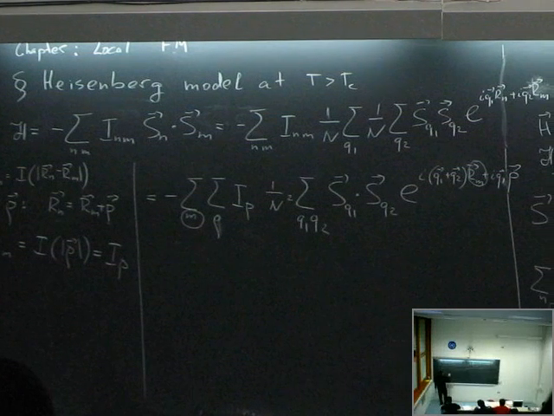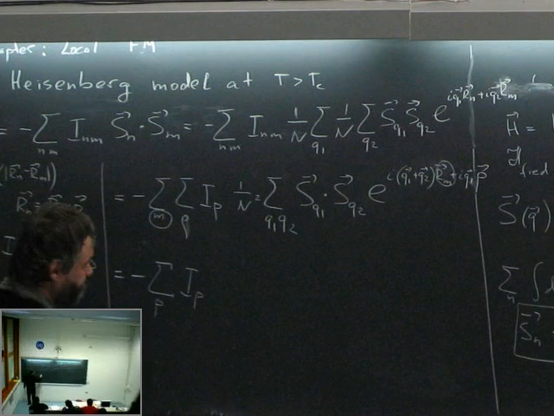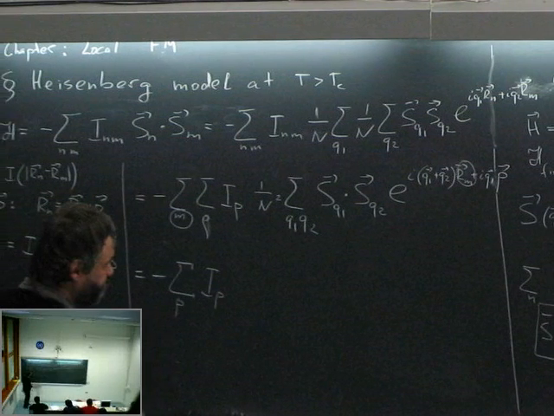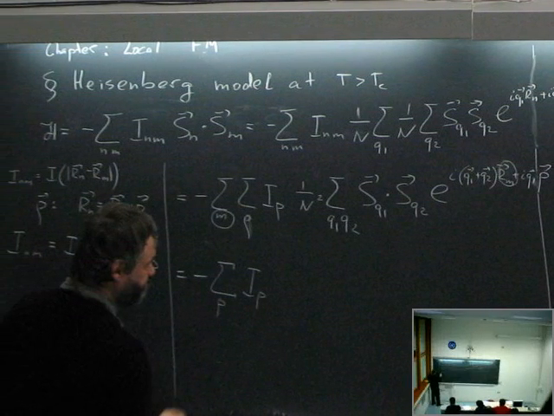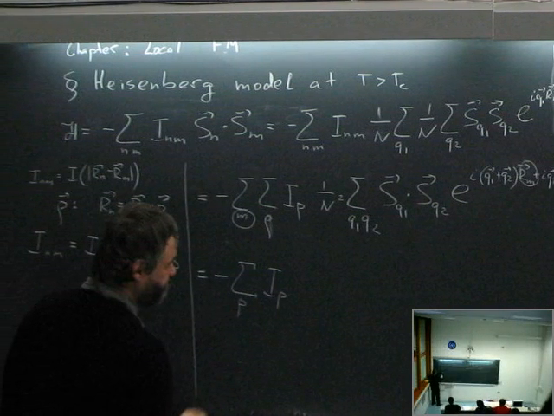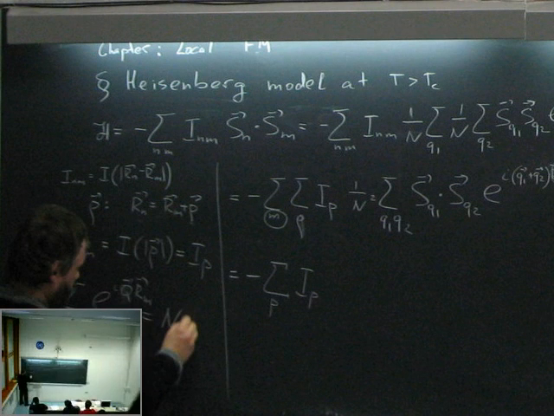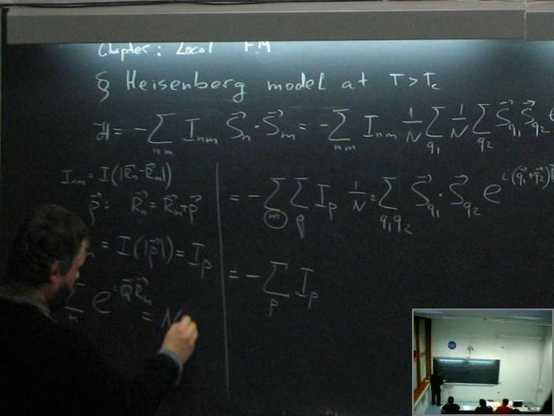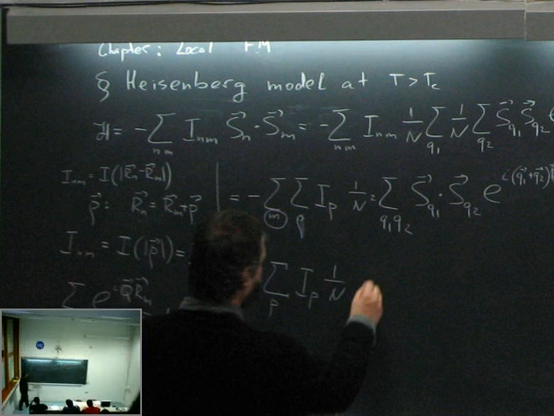So this is minus sum over rho, I(rho). What I said is that the sum over m of e to the power i q R_m is equal to N times the delta function at q equal to 0. Using this property, we have 1 over N here, because the 1 over N is cancelled out.